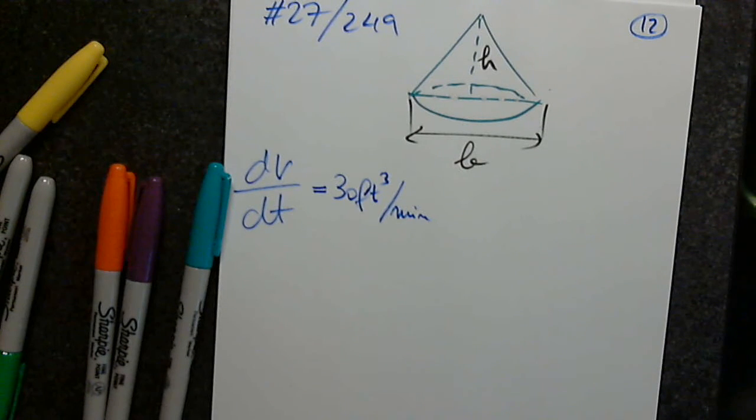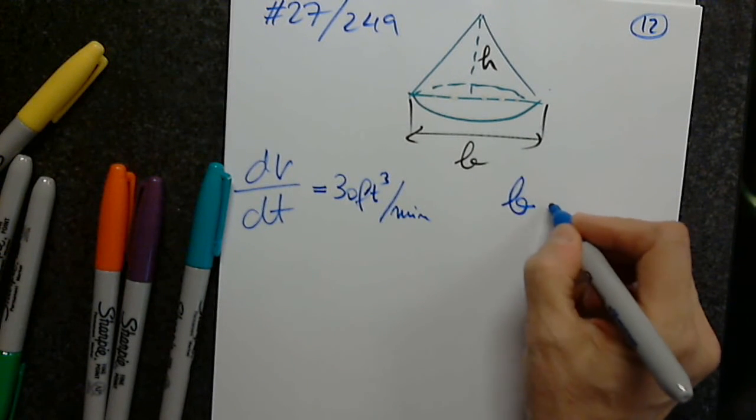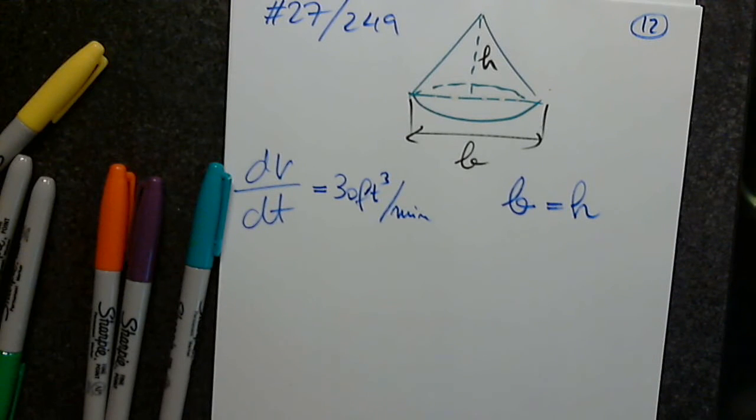They say it forms a pile in the shape of a cone whose base diameter and height are always equal. In the process, they change, but they stay equal.